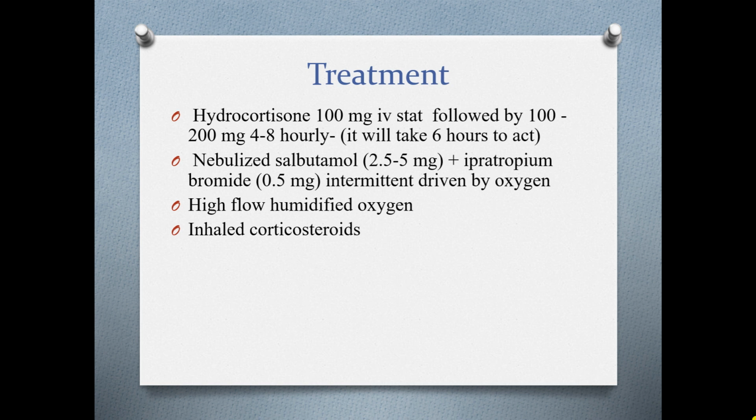Once you have given the injection of hydrocortisone, you can start the inhaled corticosteroids which the patient is taking regularly. If still the patient is not controlled, then IV injection of xanthine derivatives or theophylline may be considered in resistant cases.